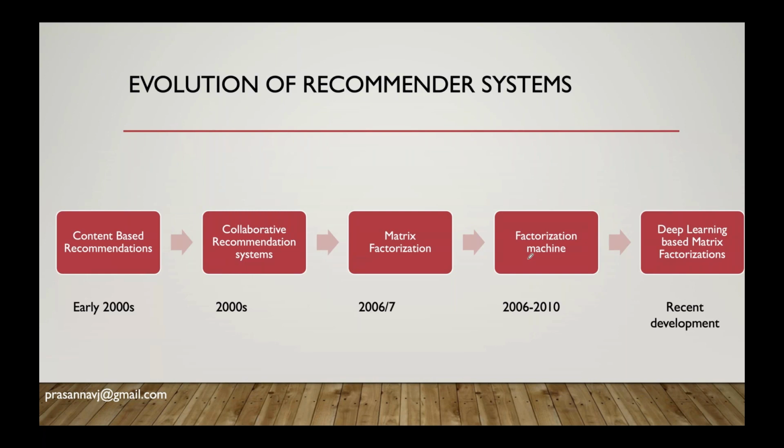But in the early 2000s, content-based recommender systems were predominantly coming up, and toward the mid-2000s a lot of collaborative filtering based recommender systems came up. Around 2006-7, the matrix factorization approach was pretty popular, and over the next 10 years, factorization machines were dominating the recommender system market.